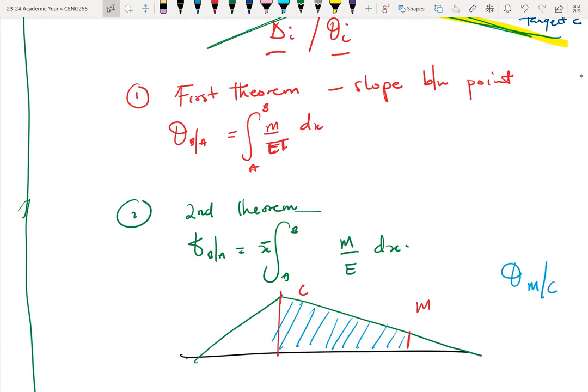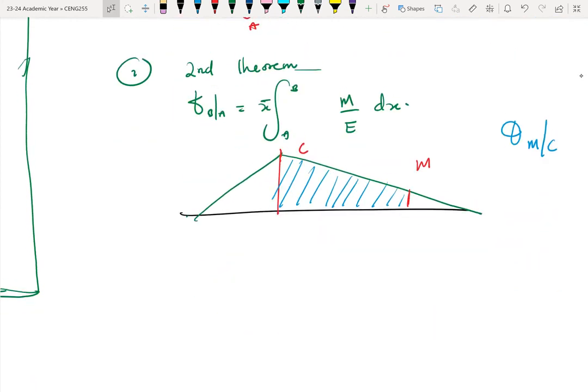And we take the moment about the first subscript, which will be M. So in this case, again, you find the area of this diagram, and you find the corresponding centroid. Assuming that it might be somewhere here, we take the moment from the centroid of the region that has been shaded to M. So this becomes your X bar.